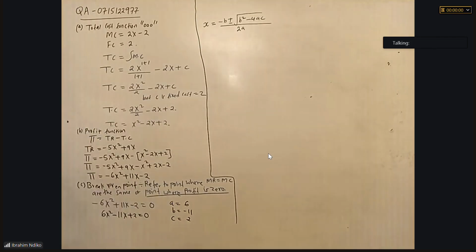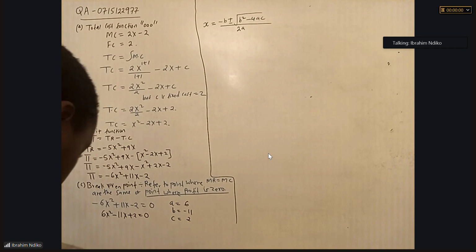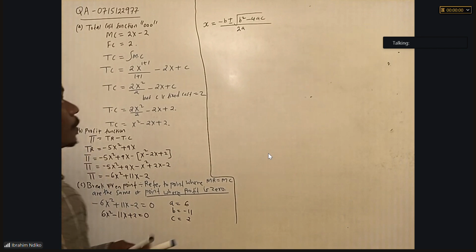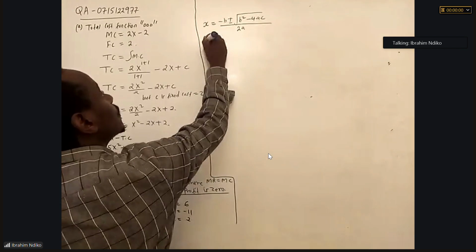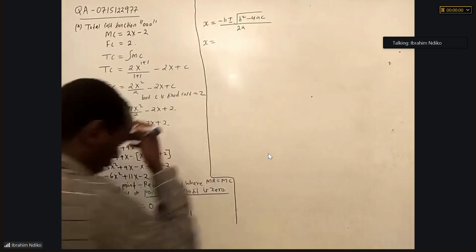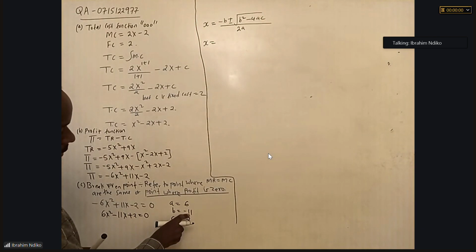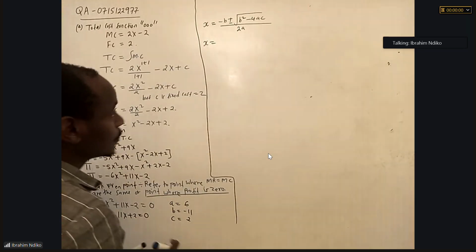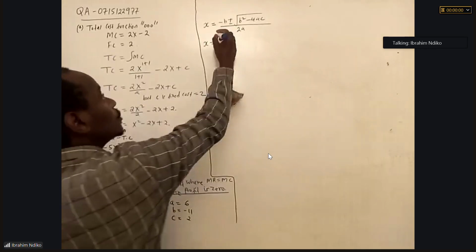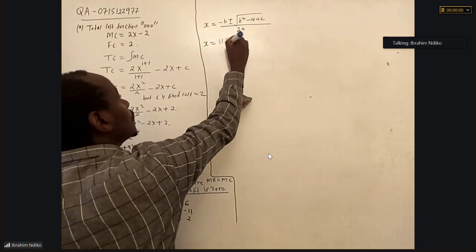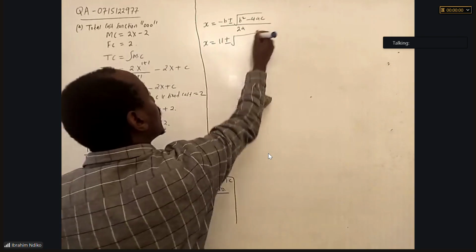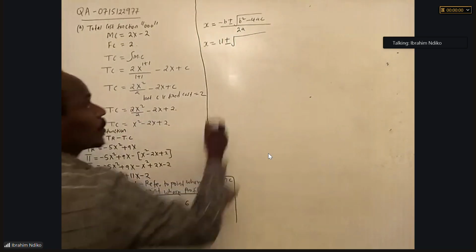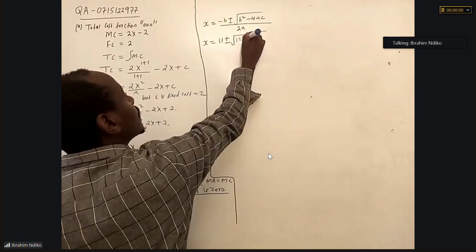So we transfer those items there. So x is equal to minus b. So minus b, so minus 11, minus 1 because we have a minus there, it equals 11. The minus and the minus will cancel out. 11 squared will be 121.